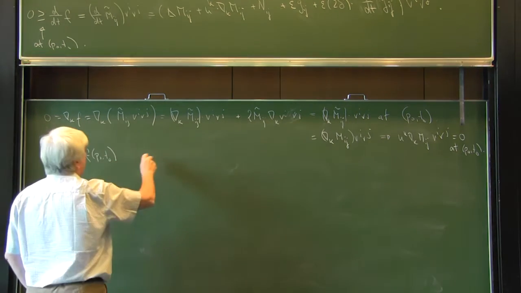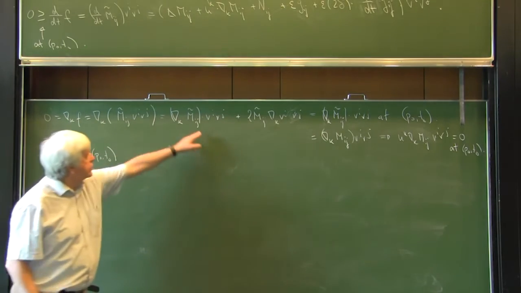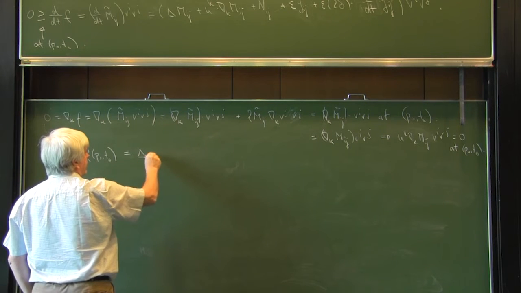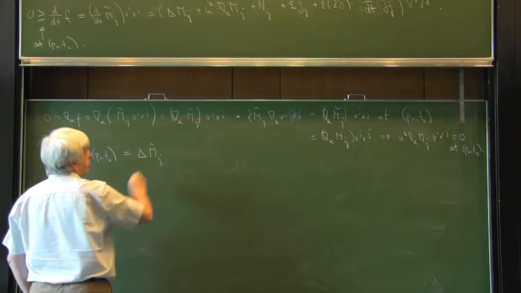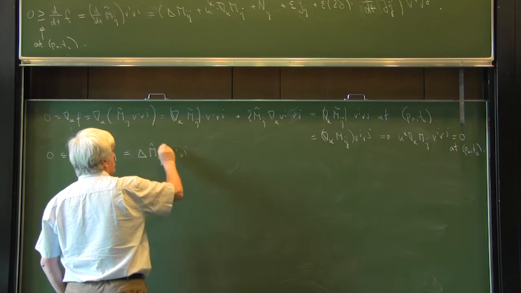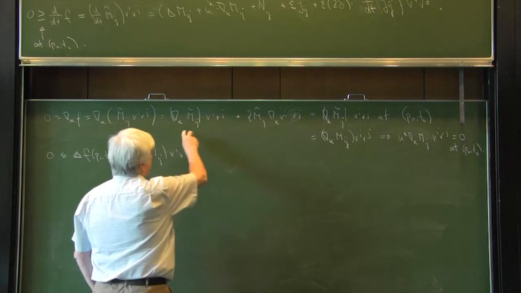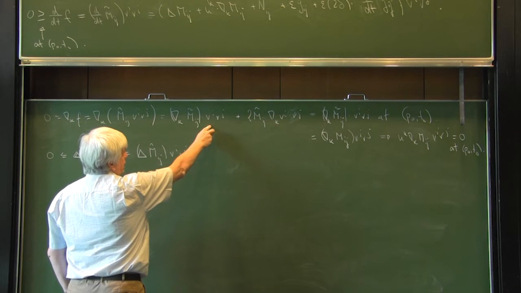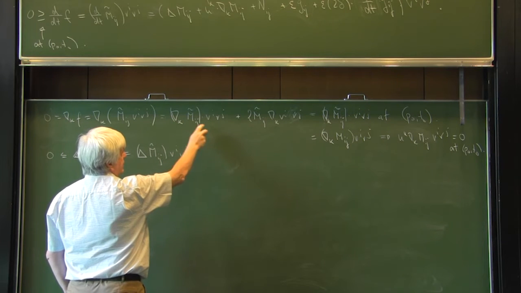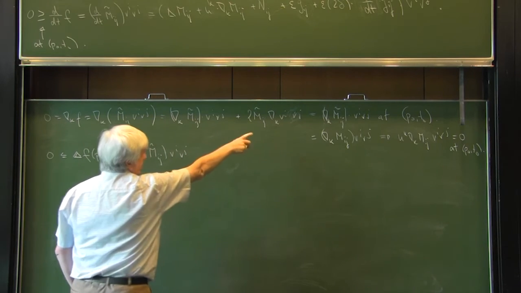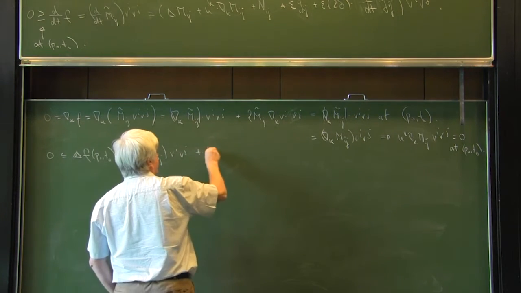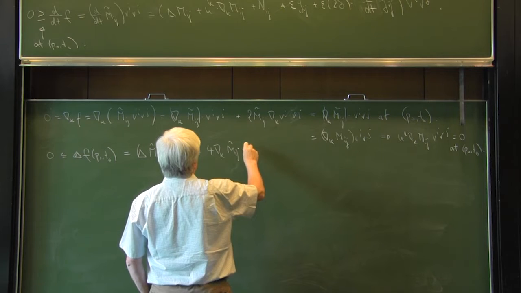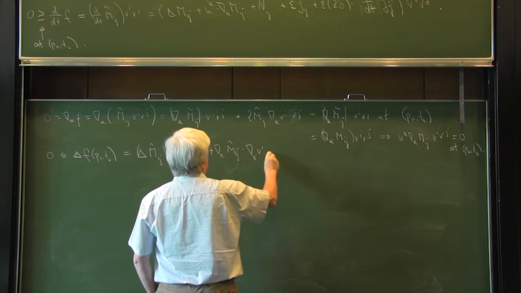So computing now the Laplacian, we can take this equation here and differentiate once more with gradient k, so we get the Laplacian of m tilde ij times vi vj, and then we get terms where the gradient falls onto one of these things, so we get twice the gradient k m tilde ij times this, but then we get also another term like that from there, so we get 4 terms which look like gradient k m tilde ij times gradient k vi times vj.